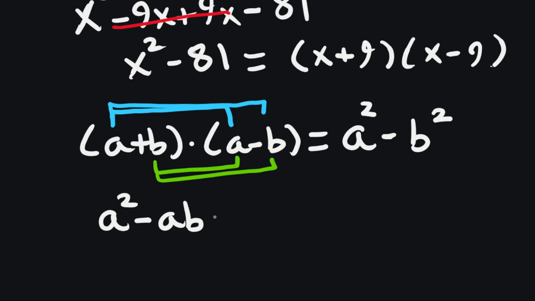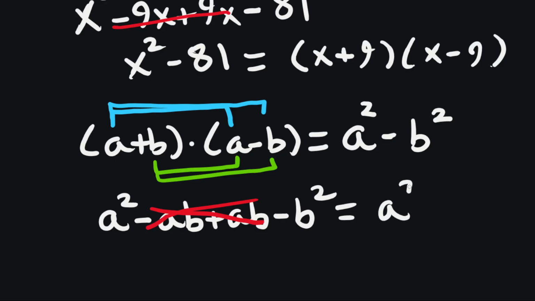B times a is positive ab. And b times negative b is negative b squared. And the thing with a difference of two squares is that the middle two terms, after you use FOIL, are guaranteed to cancel out, always. So this ends up being a squared minus b squared, which shows that our formula is correct.